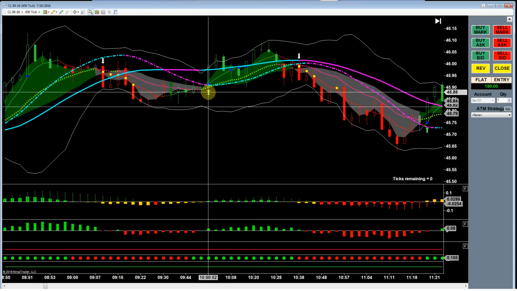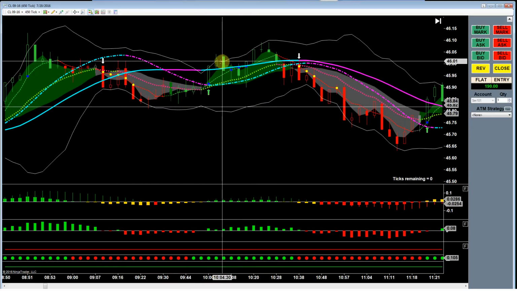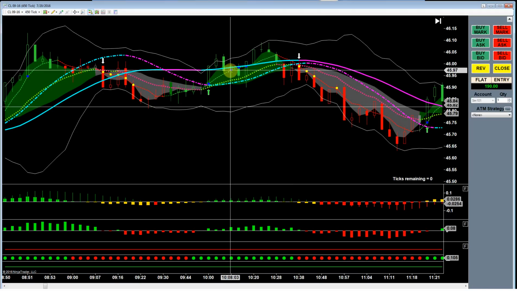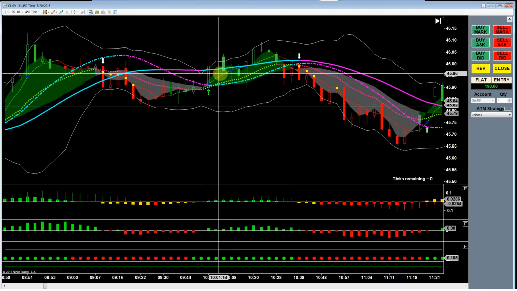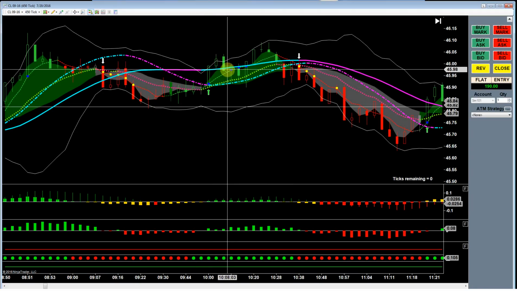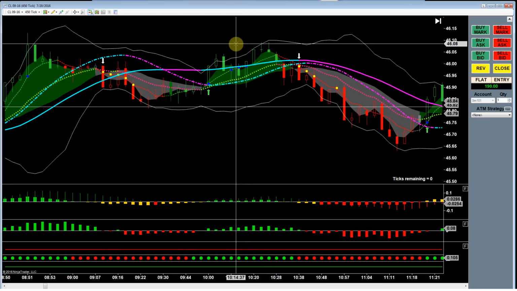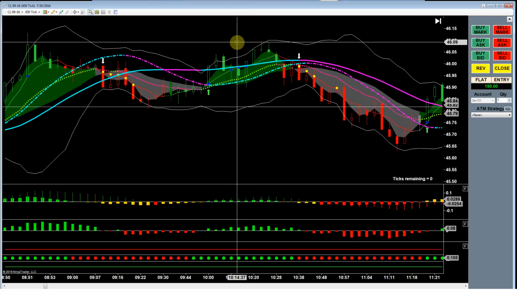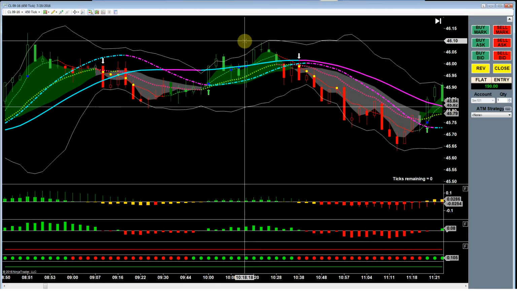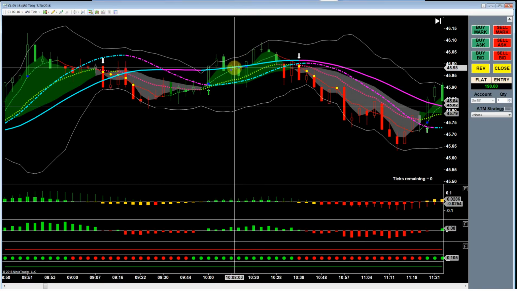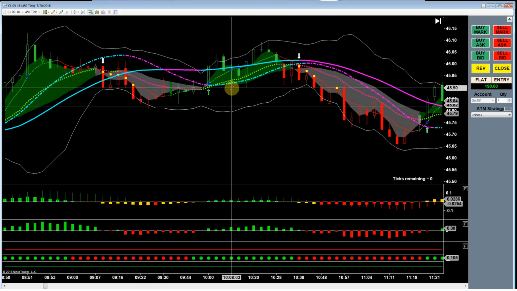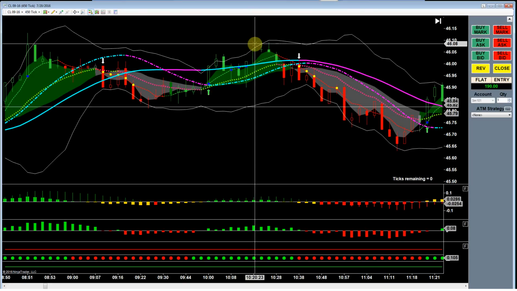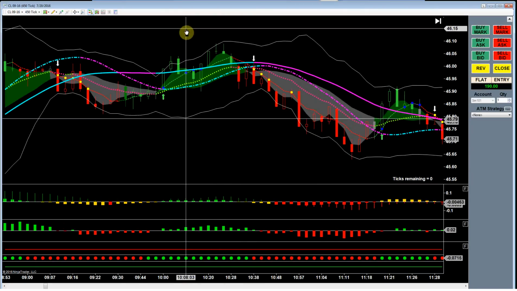Here's a new trade channel opening. Here's a pullback to the signal line marked by this blue dot. All the dynamic trend bands are matching color. And the market shoots up from 98 to 4609 for 10 ticks there. And when the entry came in at 97, they came down to 90, so there's a little pressure on that trade, but they eventually ran up and didn't even come close to the stop.